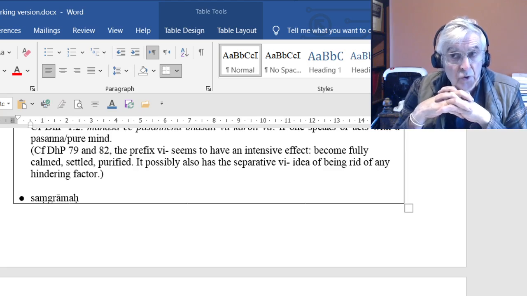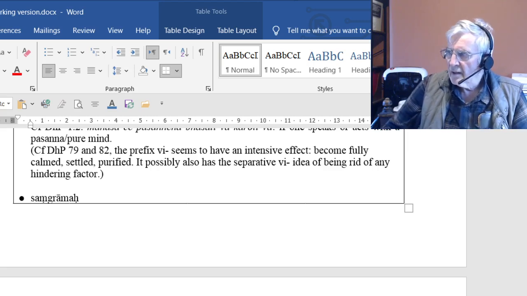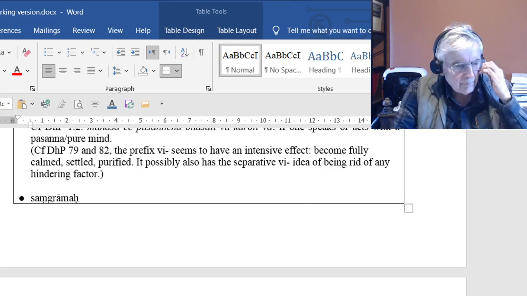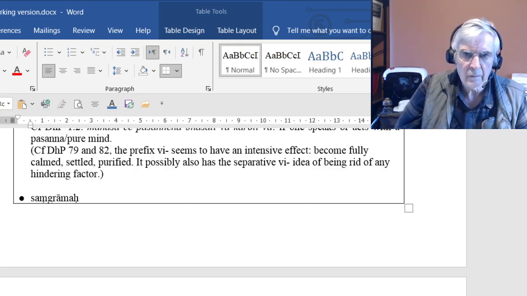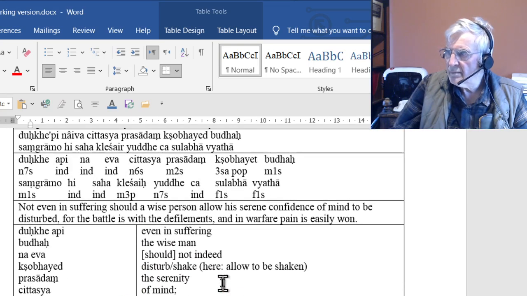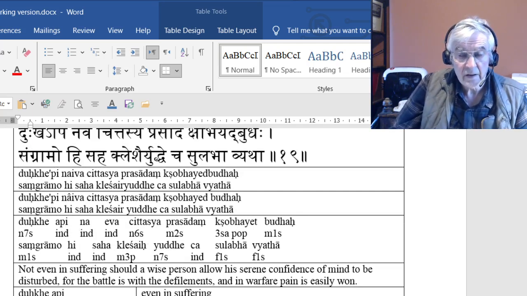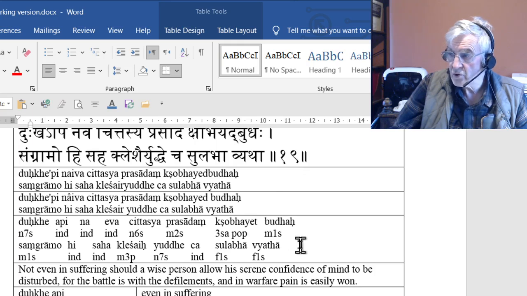In fact, the word group is etymologically cognate with this root. So saṅgrāma, the original meaning was grouping together, but then by extension just came to mean a battle. So saṅgrāmo hi saha kleśaiḥ, for the battle is with the kleshas, yuddhe ca sulabhā vyathā, and in war or in strife, in combat.